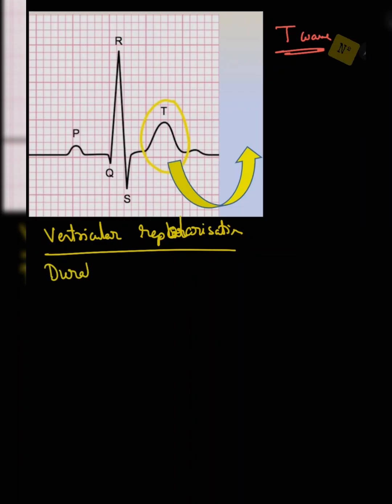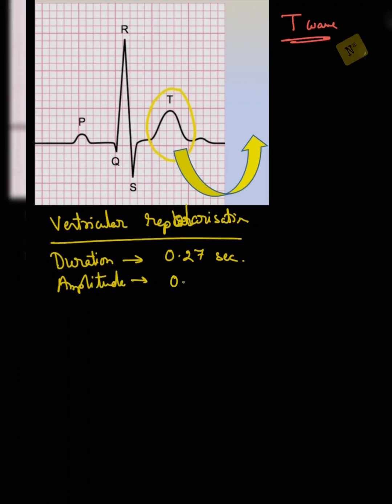The duration of this T wave is seen to be 0.25 seconds, and the amplitude of this wave in a normal condition is around 0.3 millivolt. 0.27, that means, I told you, if one small square takes 0.04 seconds, it has to travel at least 5 small squares. So 1, 2, 3, 4, 5, and 0.3 millivolts.